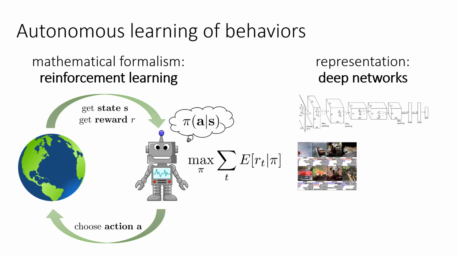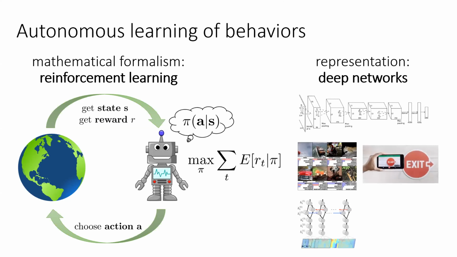These kinds of representations have been very effective in supervised learning domains that require a lot of generalization, like computer vision, translation, speech recognition, and so on. So perhaps they can also be successful in robotics.